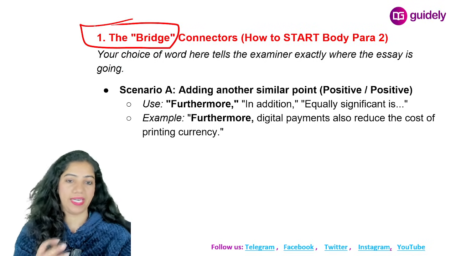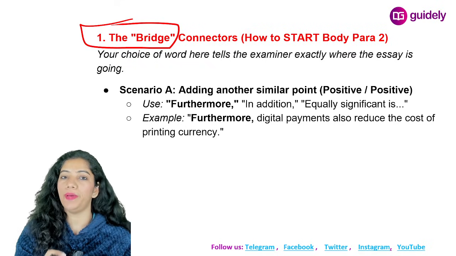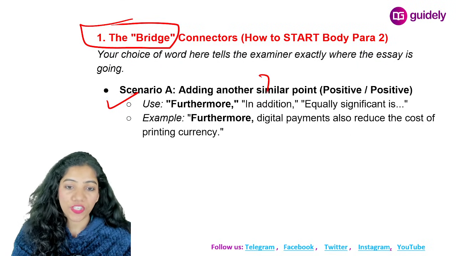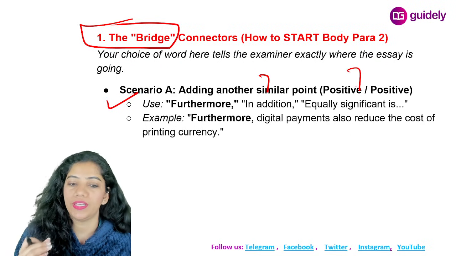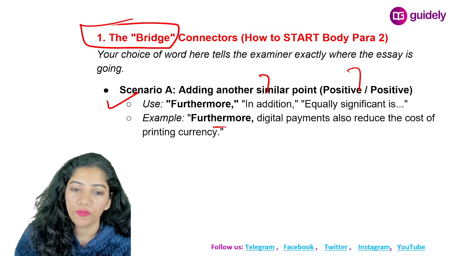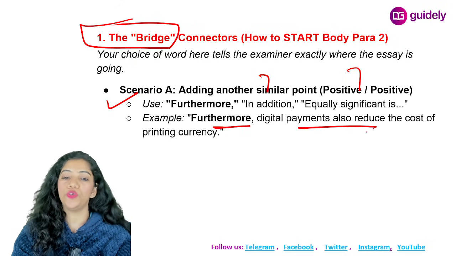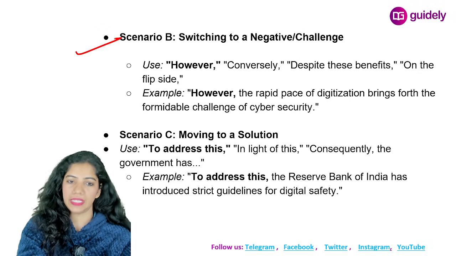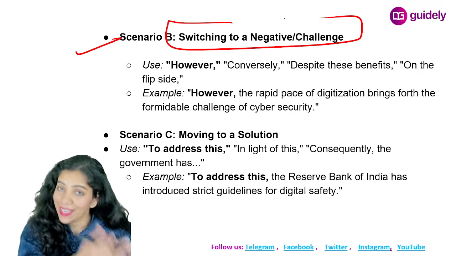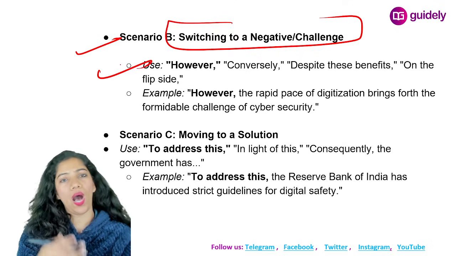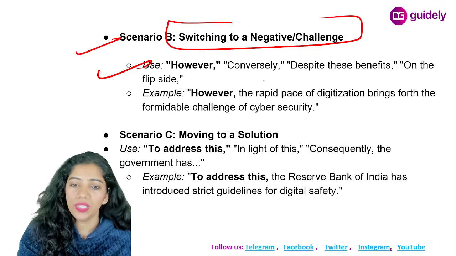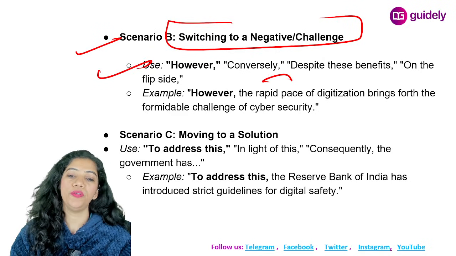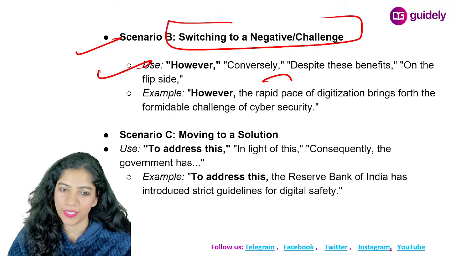Remember the bridge connectors, like whenever you start body paragraph number 2, add like furthermore, in addition to, equally significant is, for example, furthermore digital payments also reduce the cost of printing currency. Very good point. Scenario number B, अगर आपको negative पे switch करना पड़ रहा है. However, the rapid pace of digitization brings forth the formidable challenge of cybersecurity.